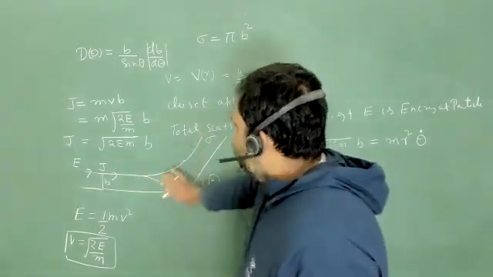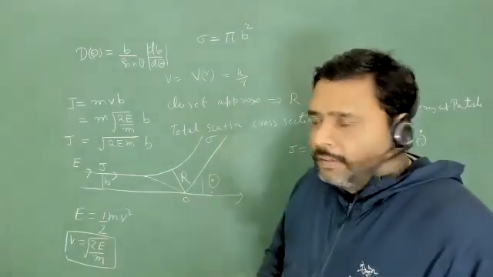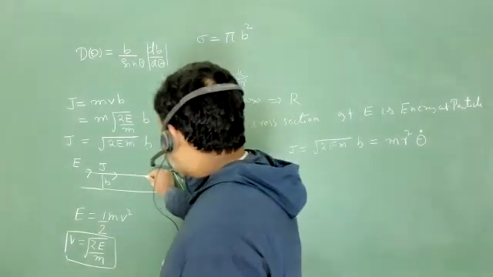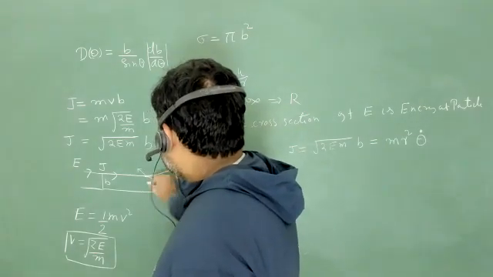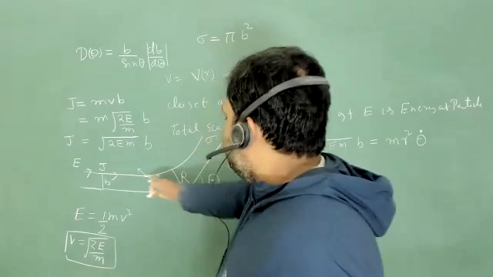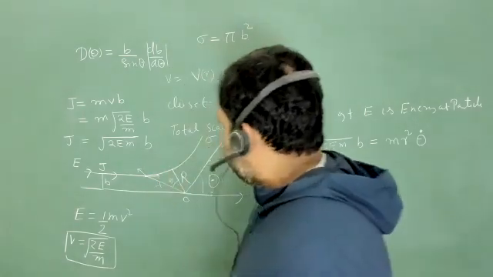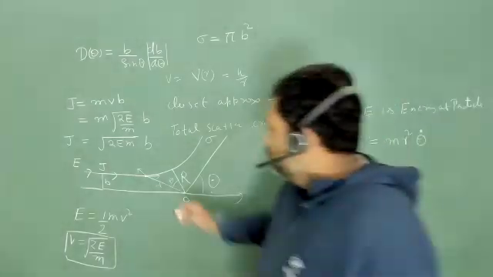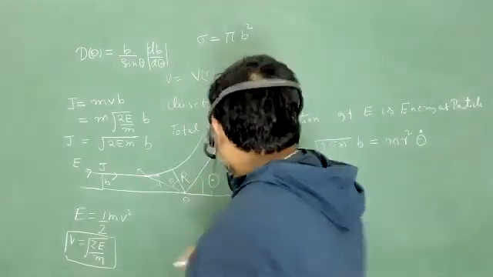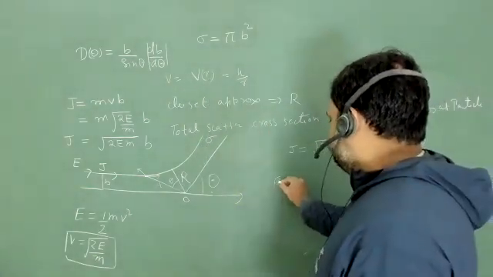So from the central force problem, I have two types of velocity: one will be radial and another will be tangential velocity, isn't it? At any point r, and I am taking this as my theta. Are you people comfortable with this thing? Now, what will be my total energy?